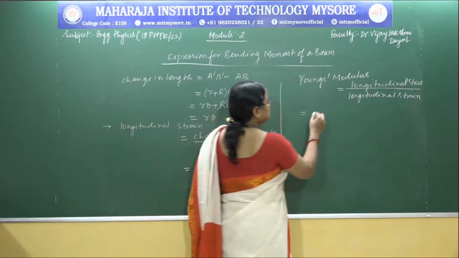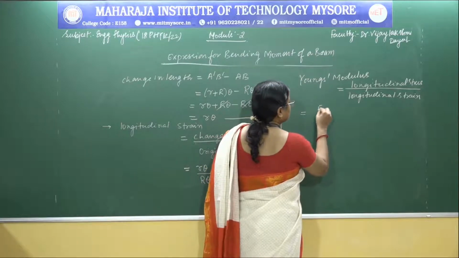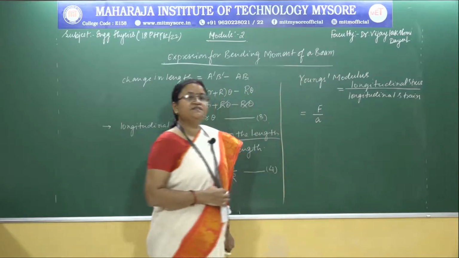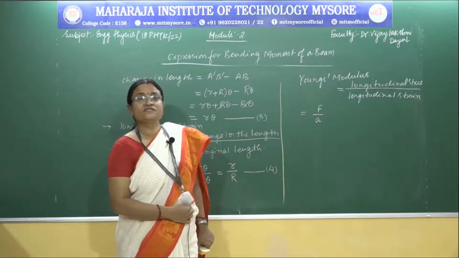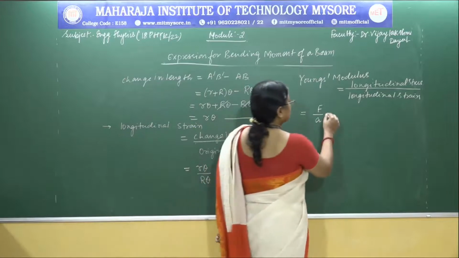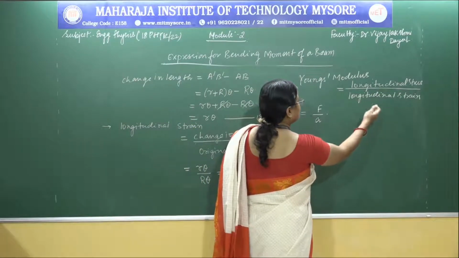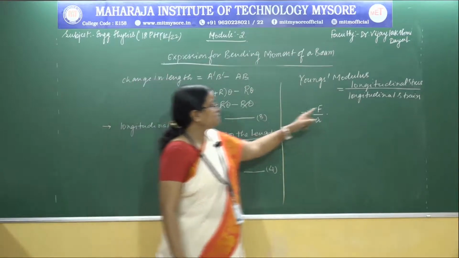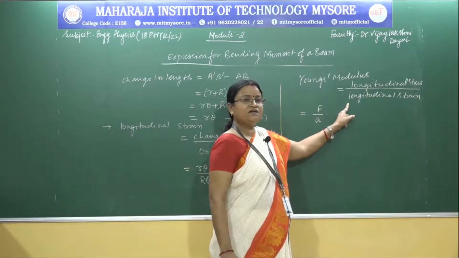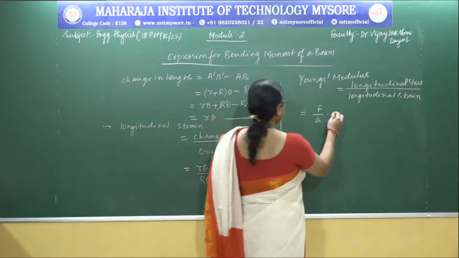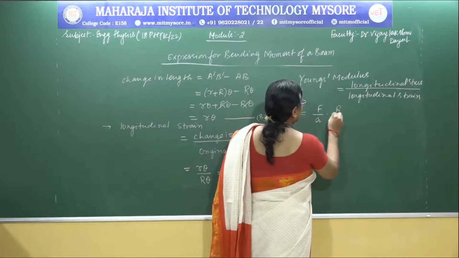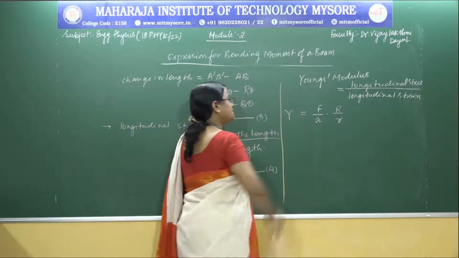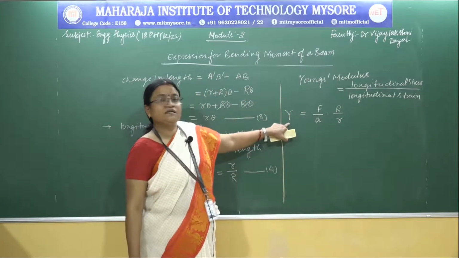So, if we assume that the bending, stress is nothing but force per unit area, A is the cross section where the force is applied, and longitudinal strain we can write as r divided by R. So, here we can write it as r by R, and we define Young's modulus by capital letter Y.